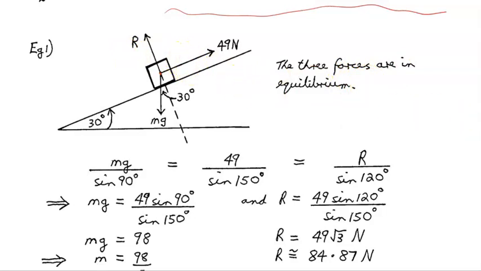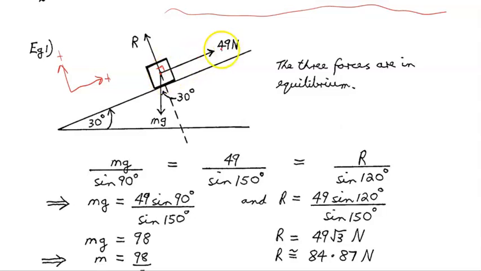So we can write this weight force mg over the sine of 90 degrees because this is 90 degrees in here. We have our coordinate system like this, plus up the plane, if you like, and out of the plane here, positive. So this is 90 degrees, they're perpendicular to each other.